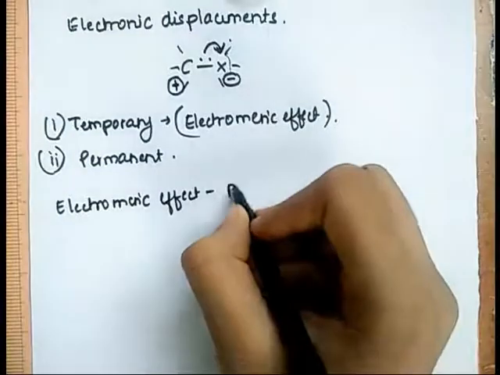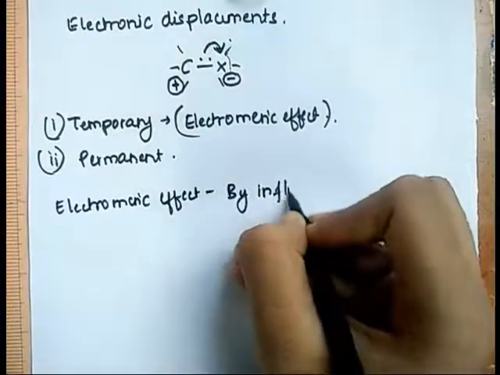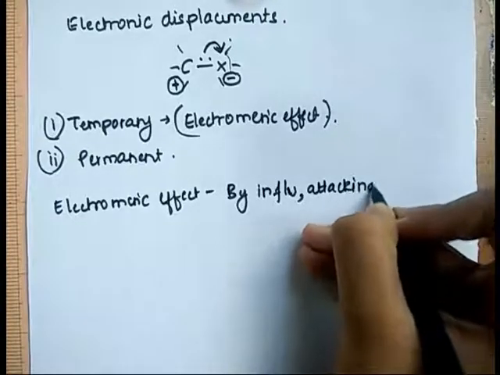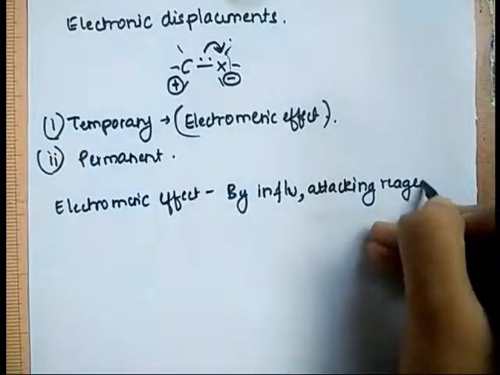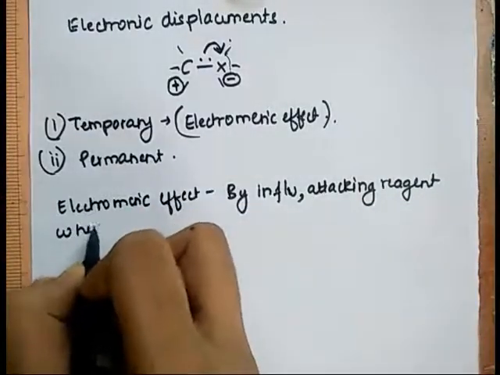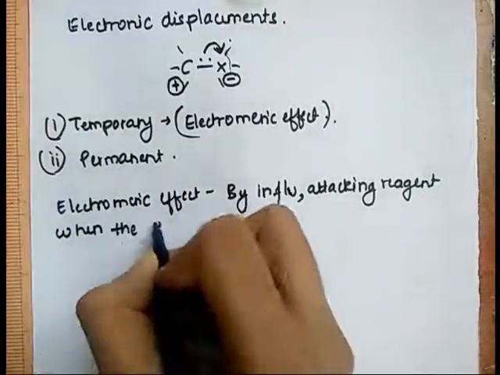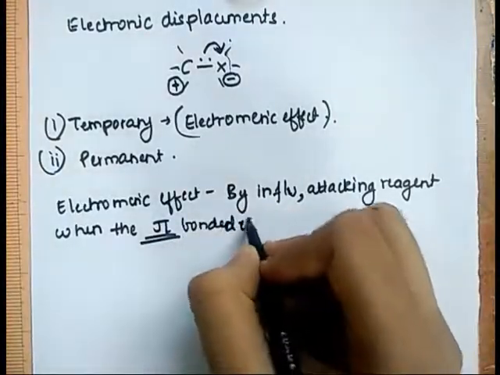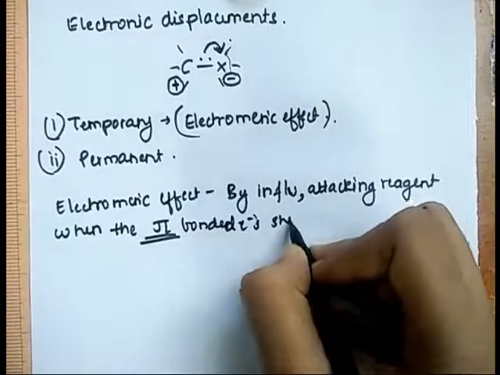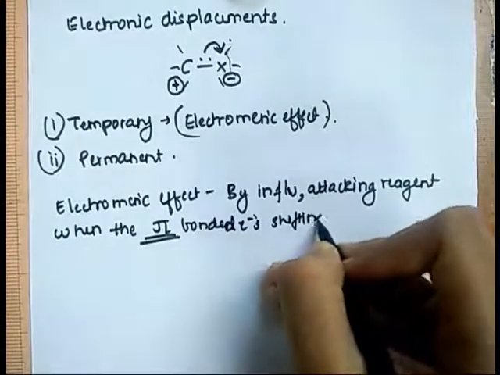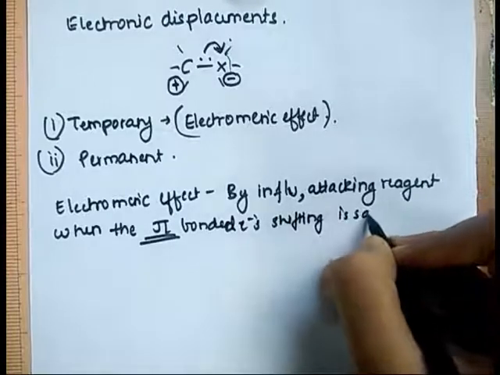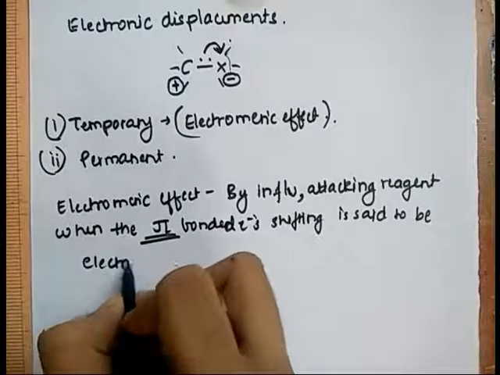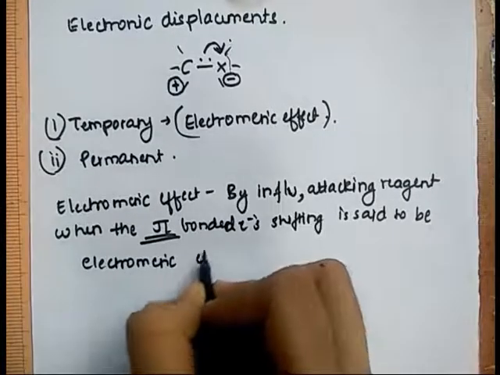By the influence of an attacking reagent, when only the pi bonded electrons shift, it is said to be the electromeric effect.